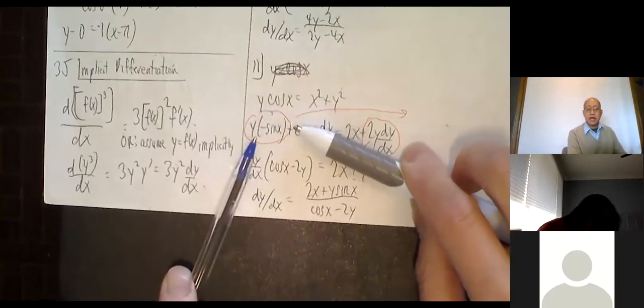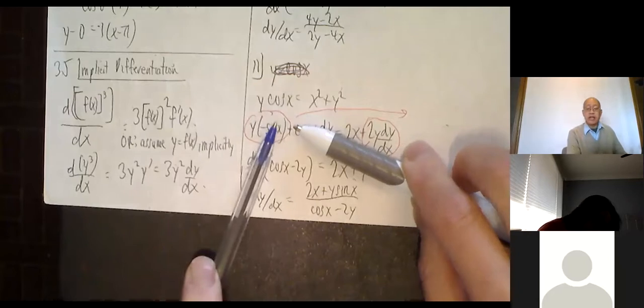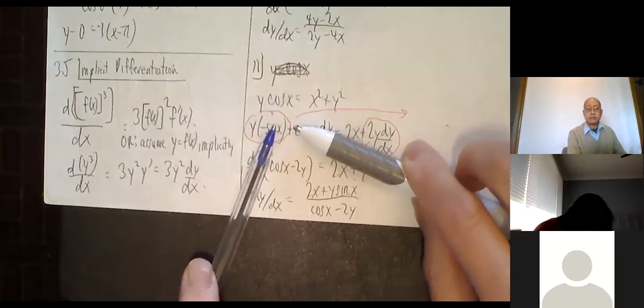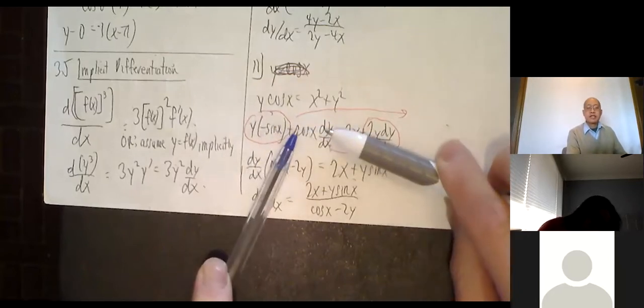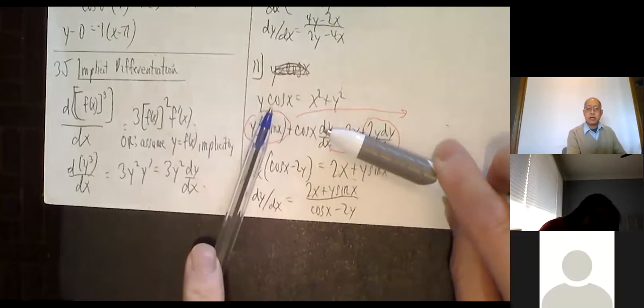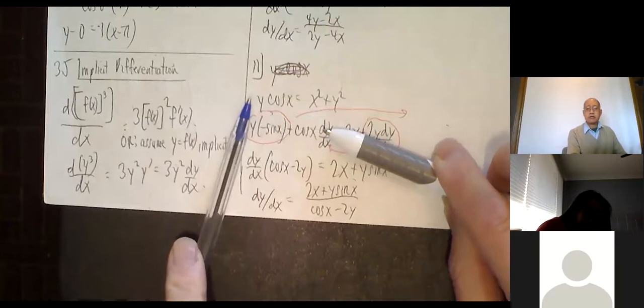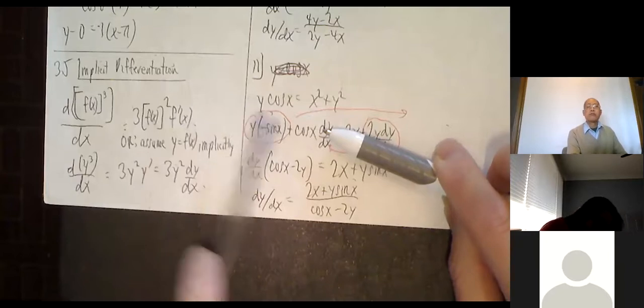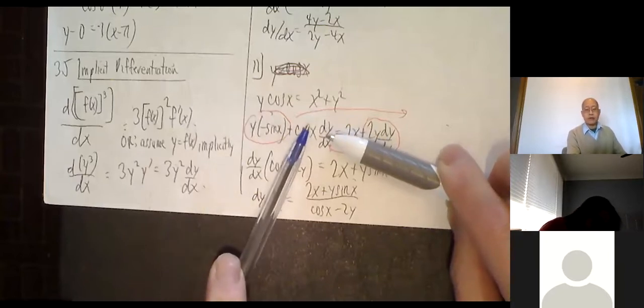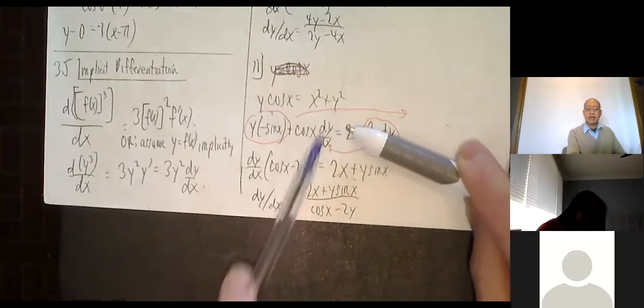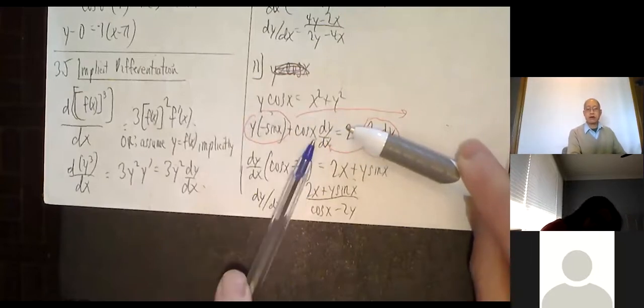Negative sine x. And since there was an x involved, you don't need anything extra. Plus second function, cosine x, times the derivative of the first. So what's the derivative of y? 1, which means I don't have to write it, times dy/dx, because there was a y involved.